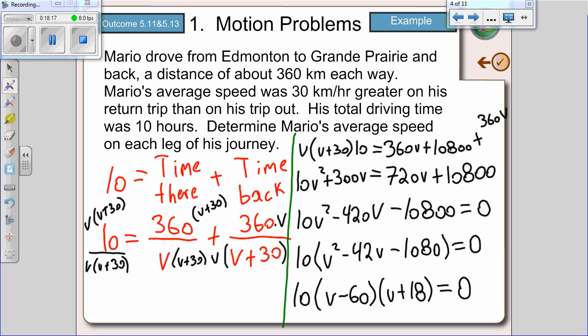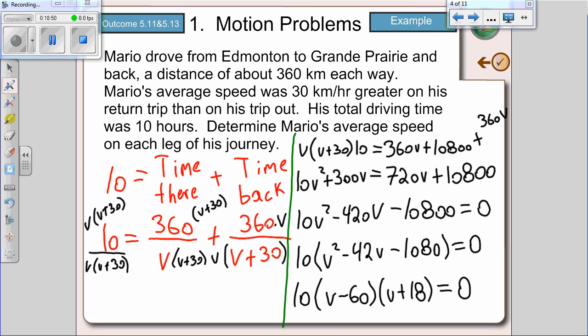B was your speed on the way there. So 60 was your speed on the way there. What was your speed on the way back? 90. So that's your two answers, 60 and 90.